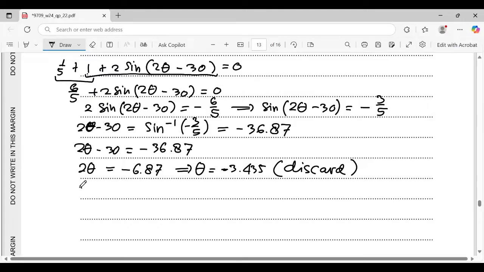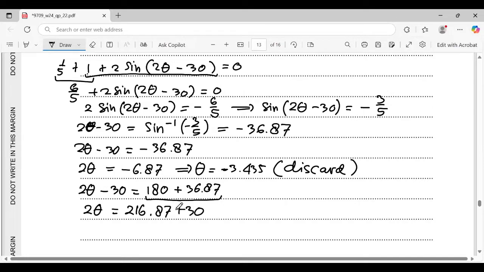Let's continue with the different solution. So 2 theta minus 30 as well can be gained through 180 plus 36.87. So 2 theta equals, if you calculate this, 216.87 plus 30, which equals 246.87.